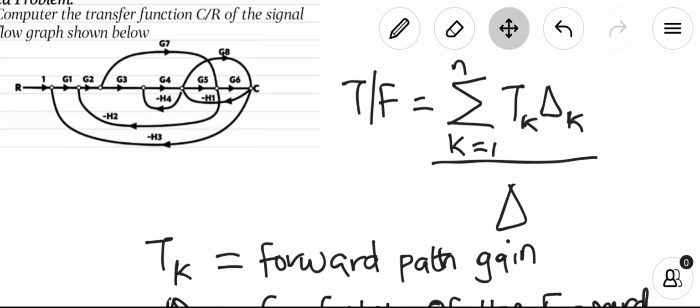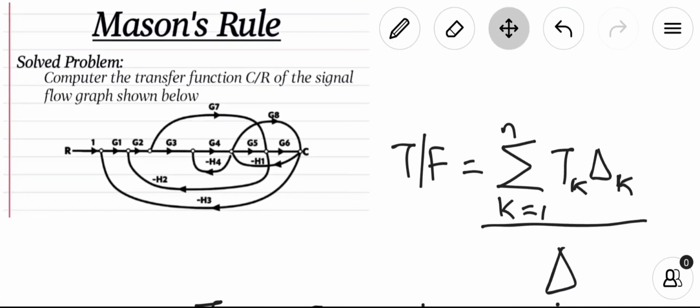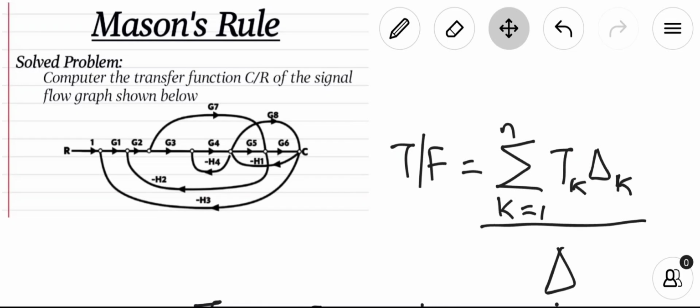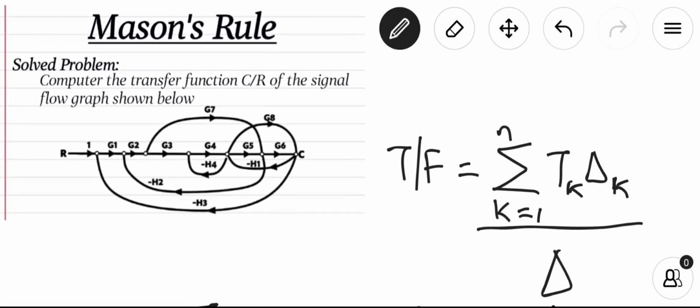Now we have this question, which says compute the transfer function C over R, output over input, of the signal flow graph shown below.